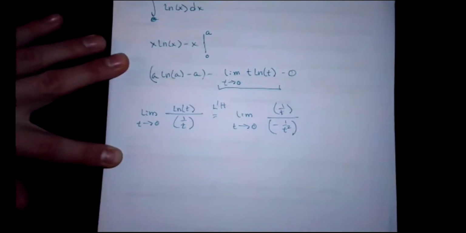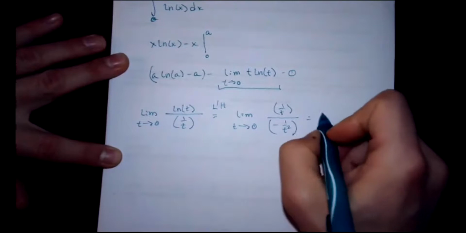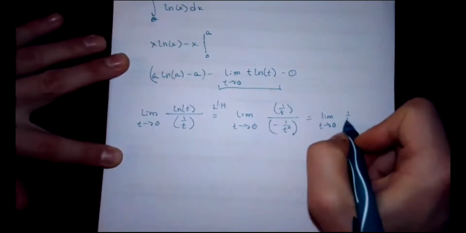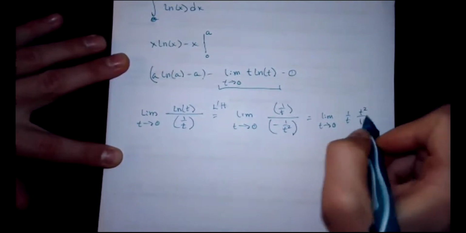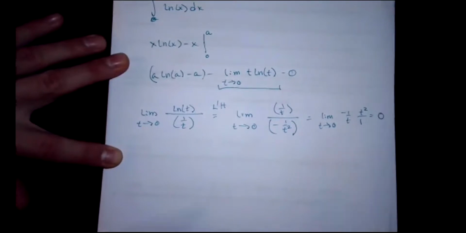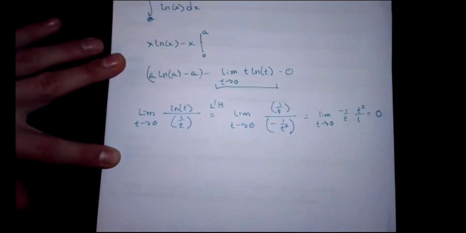Take the derivative of the numerator and denominator. We do the algebra. And of course, what do we get? The t's will cancel. And when we plug in the limit, we will just get 0. So we do get a finite convergent integral for this guy.